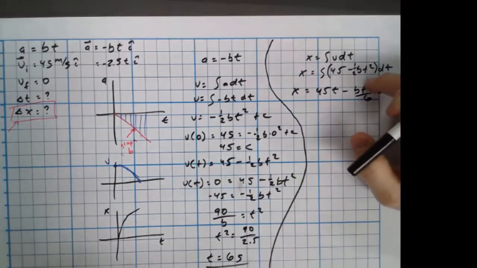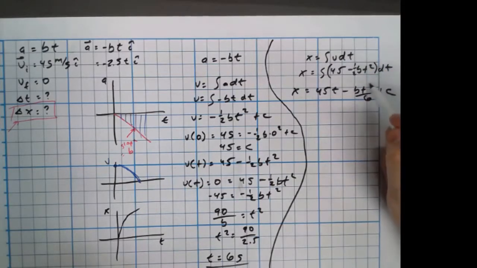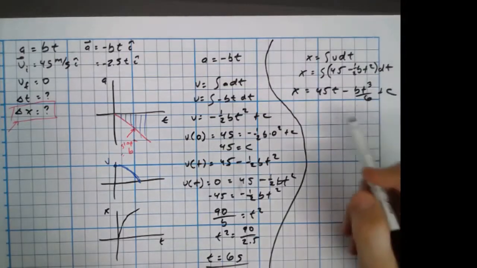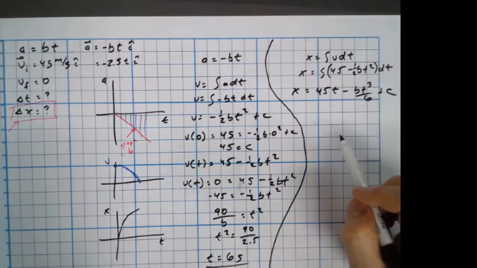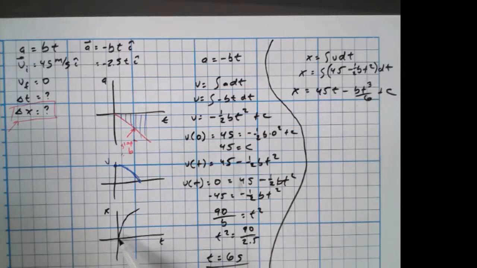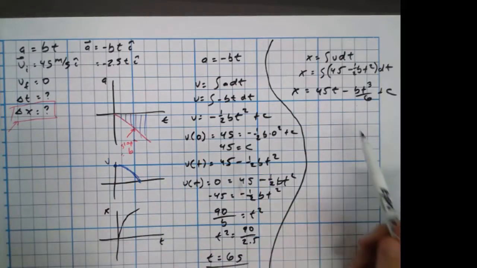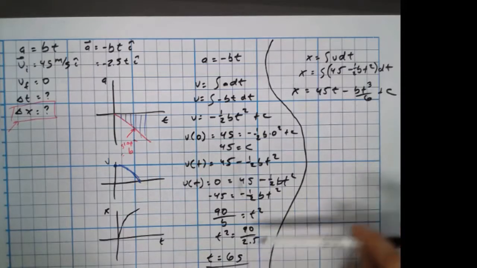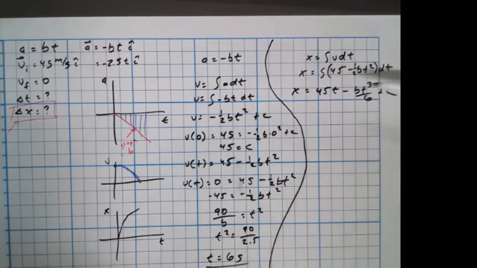Rather, I mean bt cubed over 6. So 45t minus bt cubed over 6. And then, well, the initial position was 0. I'm saying that it started at position 0, and I'm trying to figure out how far it goes during this time. And I can plug in the fact that it stops after 6 seconds into this function for the position to figure out how far it gets during that time.